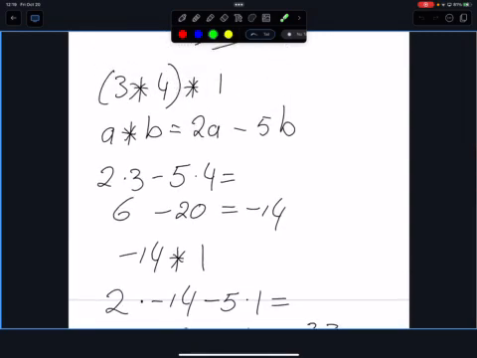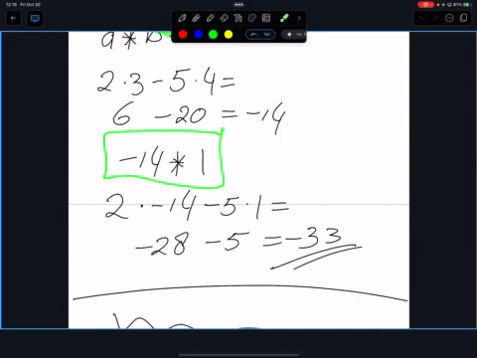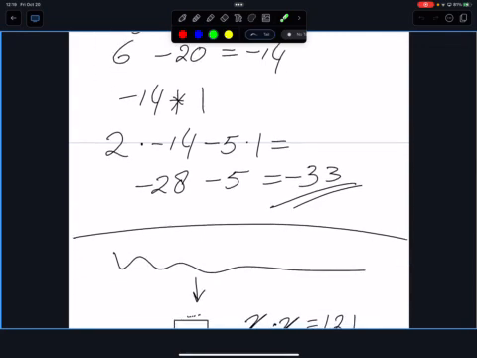So after you've done it, you get negative 14. Then you do negative 14 asterisk 1. You do the same thing again. If done successfully, your answer is negative 33.